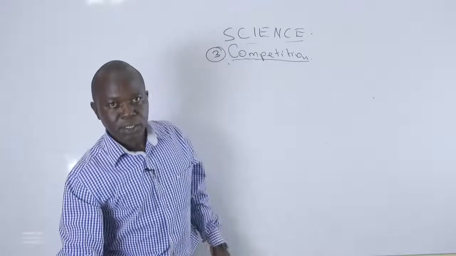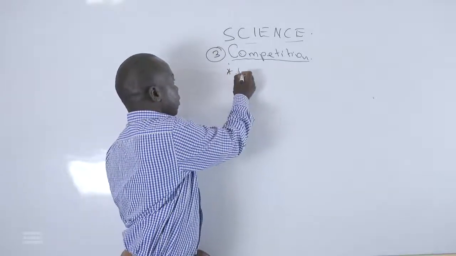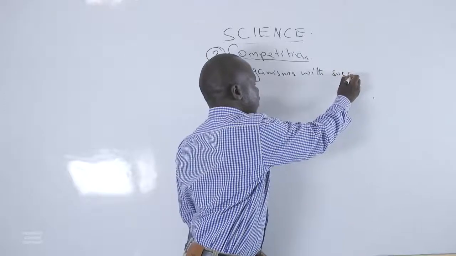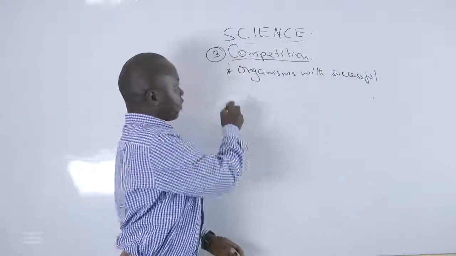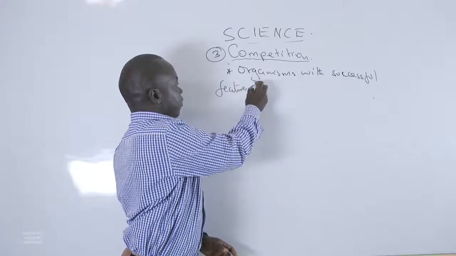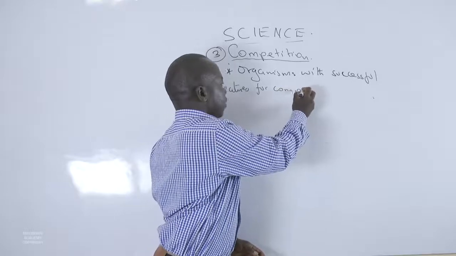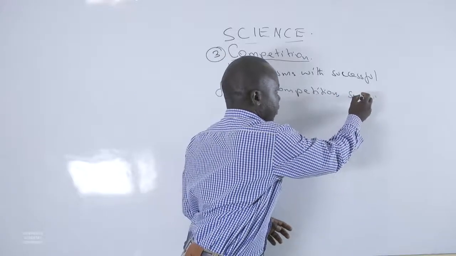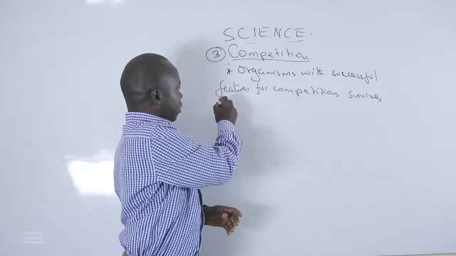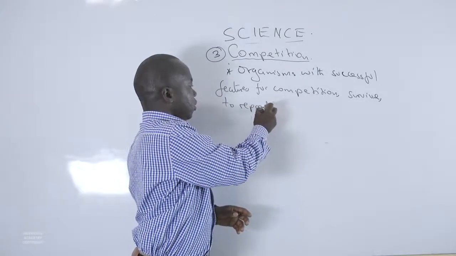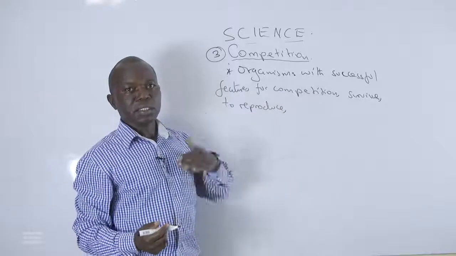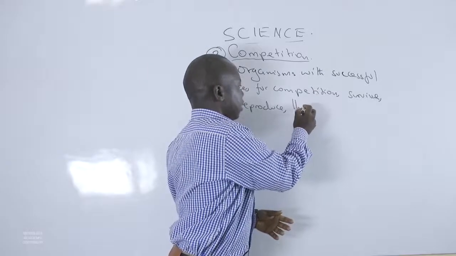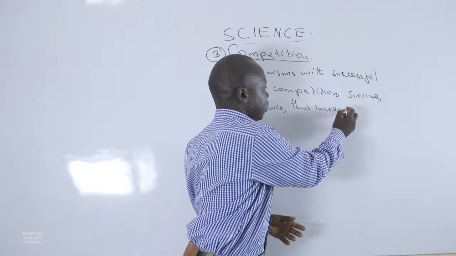So we are noting that organisms with successful features for competition usually survive to reproduce, and in the process, the number of those organisms with successful competitive abilities increases, thus an increase in their population.